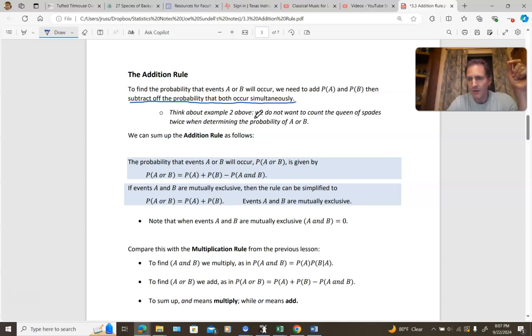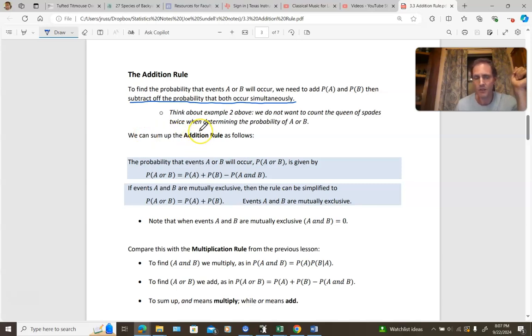We count it once for the spades, and we count it again for the queens. So at the end of this, we have to subtract off the probability of selecting just a queen of spades, okay? There's a diagram down here we'll look at in a minute that'll make it hopefully a little more clear.